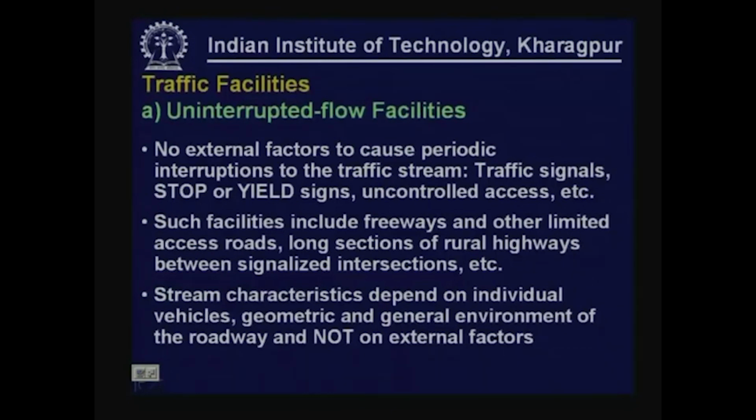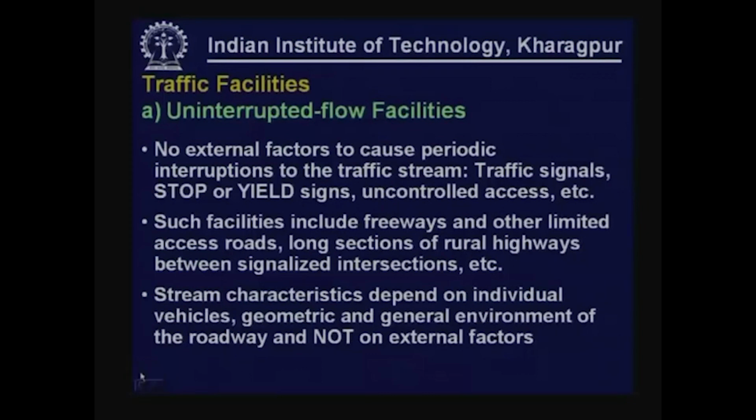Commonly, by the term uninterrupted we feel that every vehicle should move probably at a very high speed, and even if there is a speed reduction, due to an increase in traffic volume, we probably tend to interpret it as interrupted because the traffic stream is interrupted, but actually the meaning is not so. So, you must be careful and understand how we define uninterrupted flow facilities and interrupted flow facilities, and the difference.